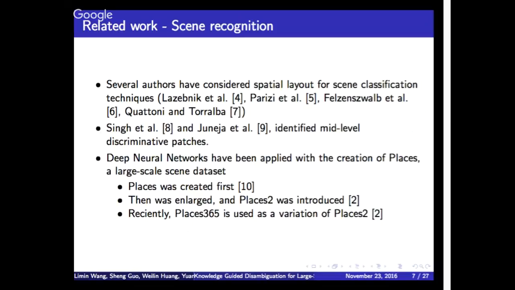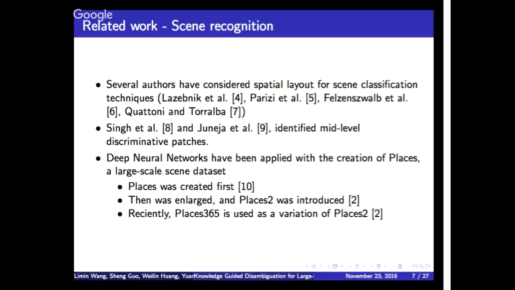Well, of course, there has been previous work about this. Scene recognition is a problem that has been on the table for a long while, and several authors have considered a spatial layout, such as Limin, I don't know how this is pronounced, Parizi et al. Well, we have the reference at the end if you want to read further about them.